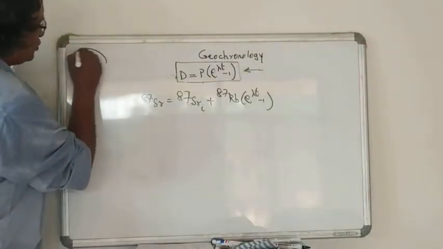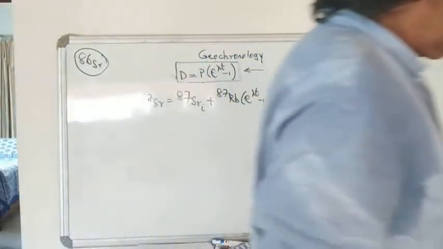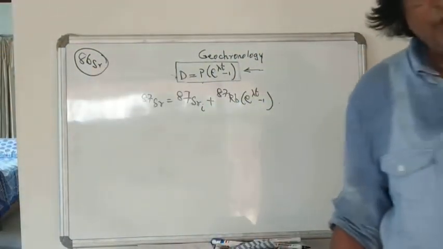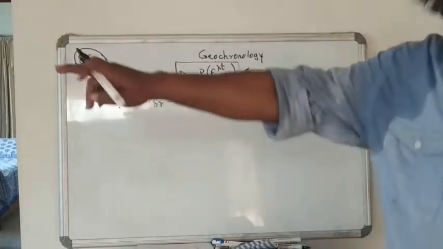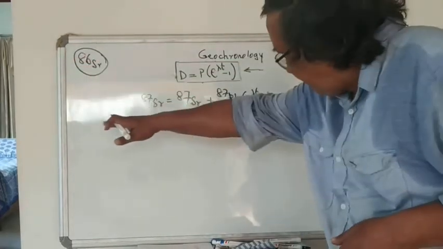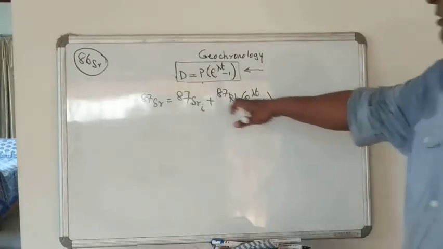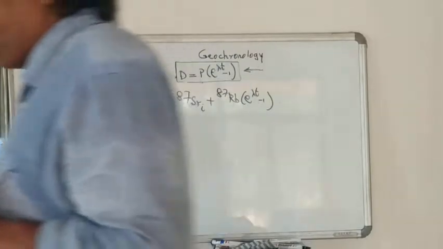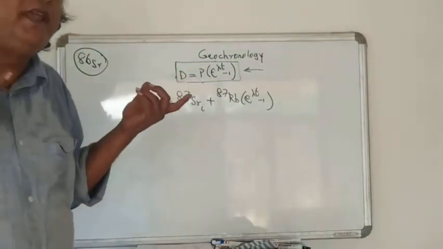Now 86 strontium is non-radiogenic, so we know that the concentration of 86 strontium does not change with time. So if I divide this whole equation by 86 strontium, then essentially I don't change anything. But why am I doing it?